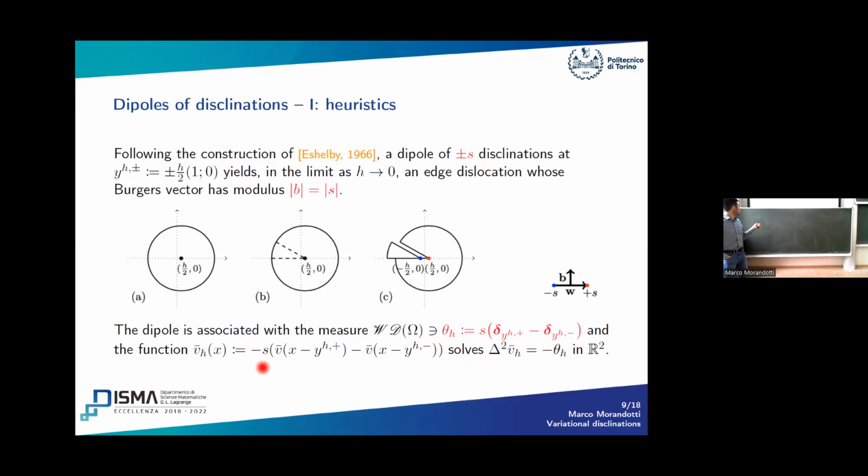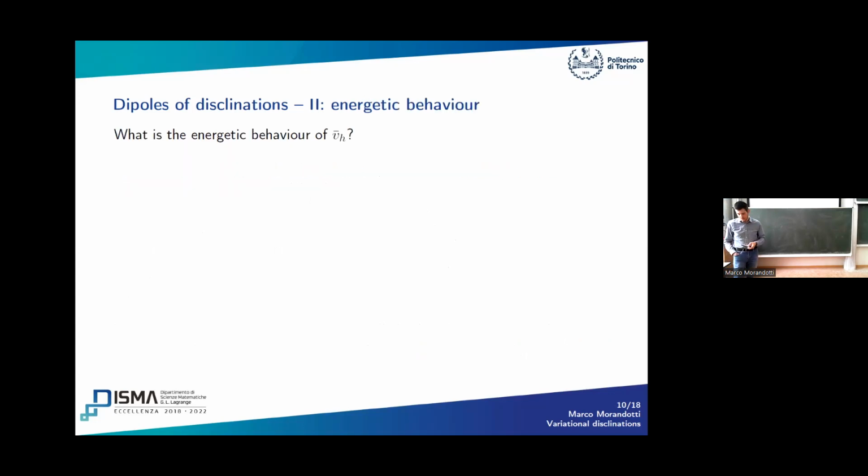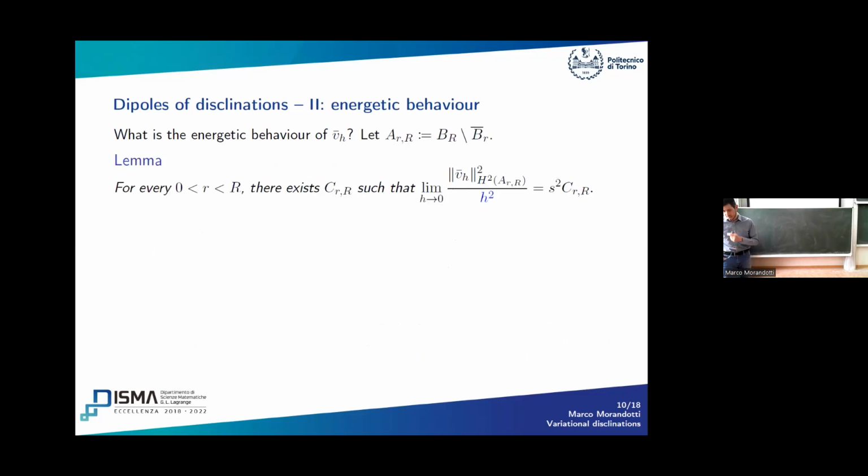And then, since this equation is linear, if we add the effect of the two solutions, then that function v_h bar solves the Laplacian equation equal to minus this theta_h for the one that we've constructed, all right? And now the question is, how does this behave in energy? What's the energy scaling of this, involving the fact that there is a length h appearing?